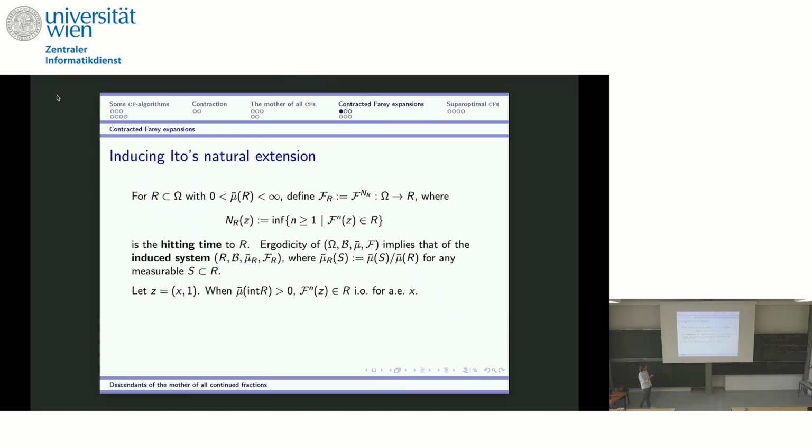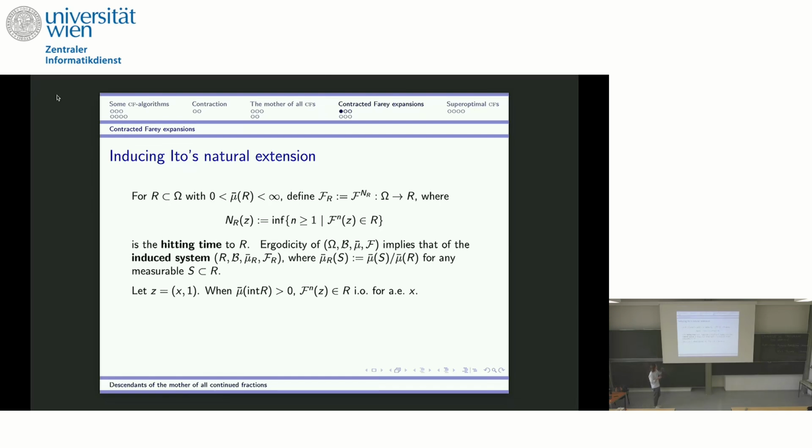Okay, so the system, I said it's ergodic, it's also conservative. So one can show that if you fix some measurable subset R with positive measure, almost every point from the domain will enter R infinitely often. I mentioned earlier that we want to really start studying points on the top ledge in the form x comma 1.